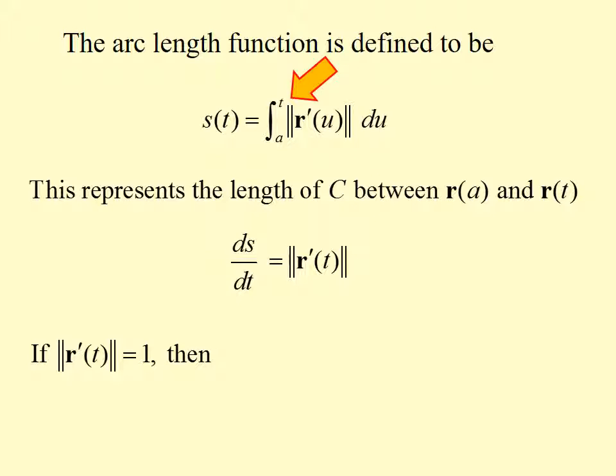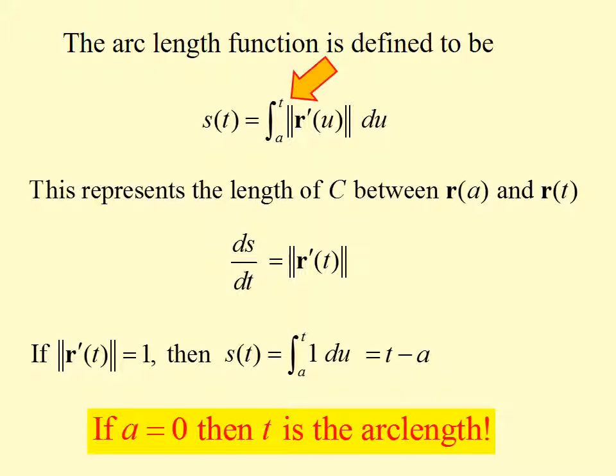Now, if that magnitude of r prime of t was a 1, then our integral of 1, if we do the fundamental theorem, would be t minus a. Now, that produces some interesting results. One of which is if a is 0, then we basically have t and s equal to each other. So the arc length would be the same as the parameter.